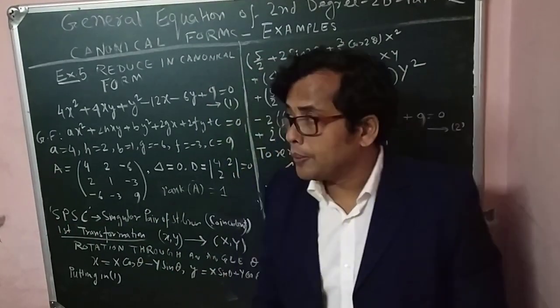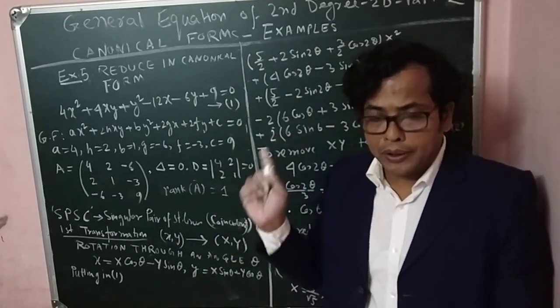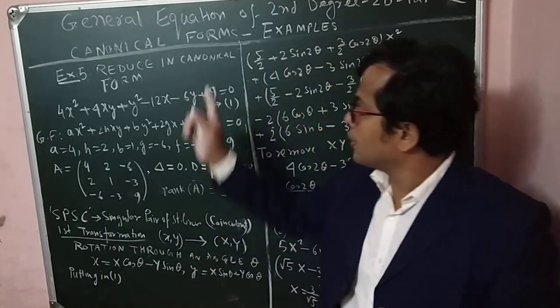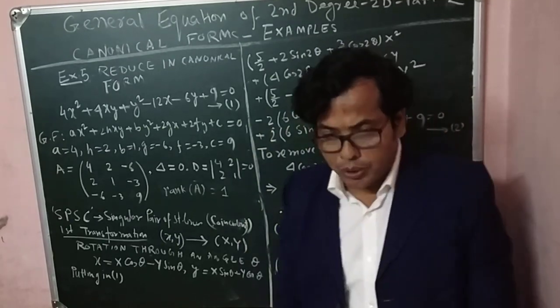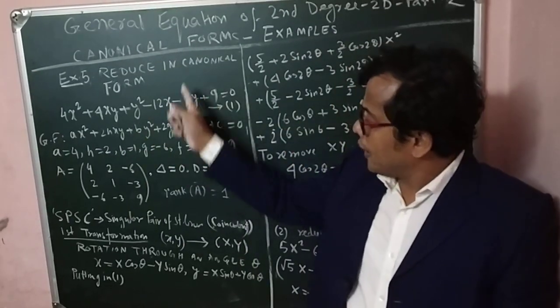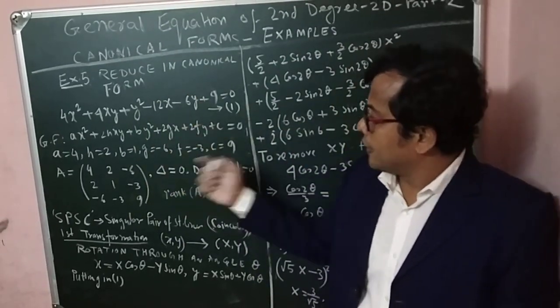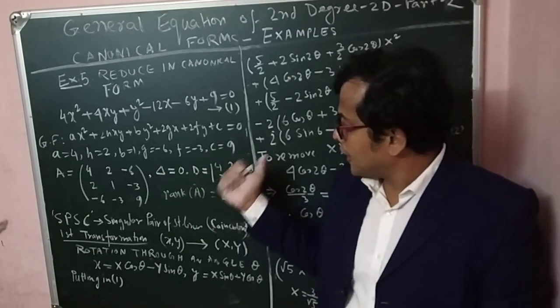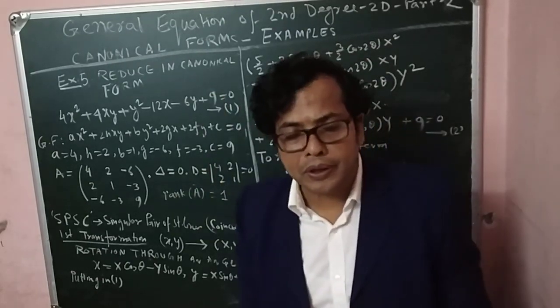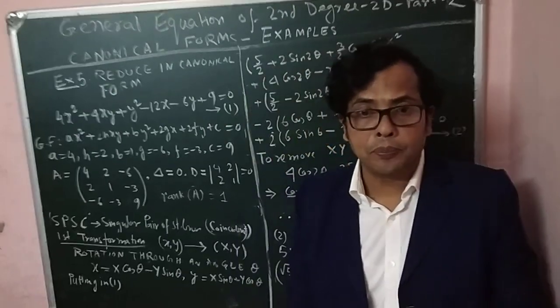So friend, as we have discussed in part 1, we are completing the whole chapter, the general equation of second degree in 2 dimensions, and the 5 categories are explained with 5 examples. That is why in the first video we made the classification, and the classification is important.